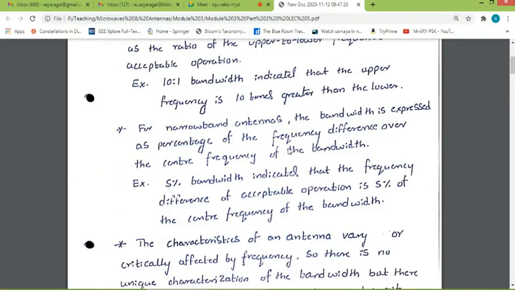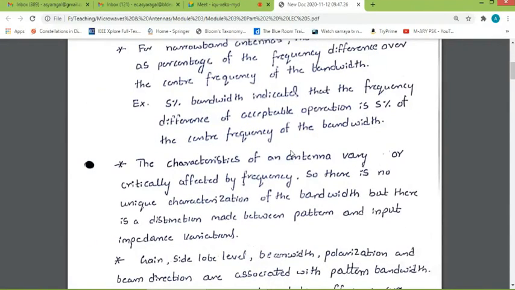What does it indicate? Acceptable operation can be done within 5% with respect to the central frequency of the bandwidth, either less or more.